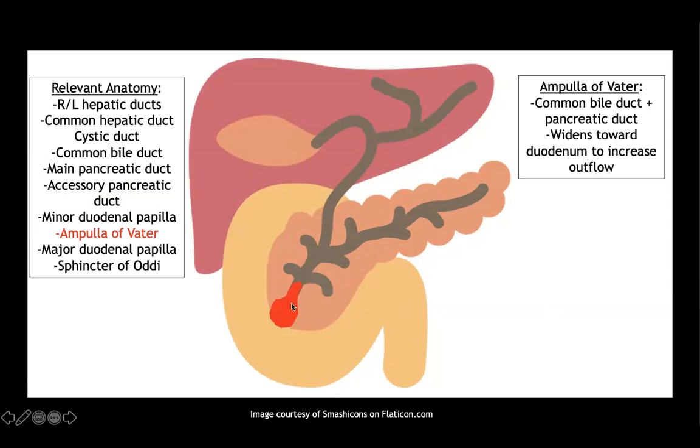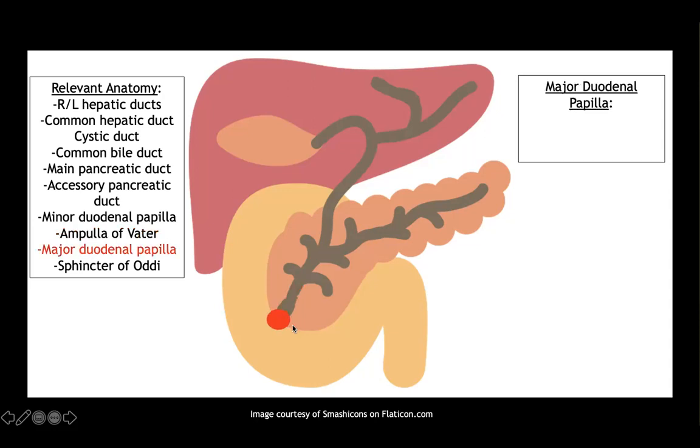And it widens here. That's why it's called an ampulla. Ampulla is like a widened vase that people used to drink out of. And so it widens here, and that helps to increase the outflow. And last thing, we have our major duodenal papilla, and this is what drains the main pancreatic duct and also drains bile that came in from the common bile duct.